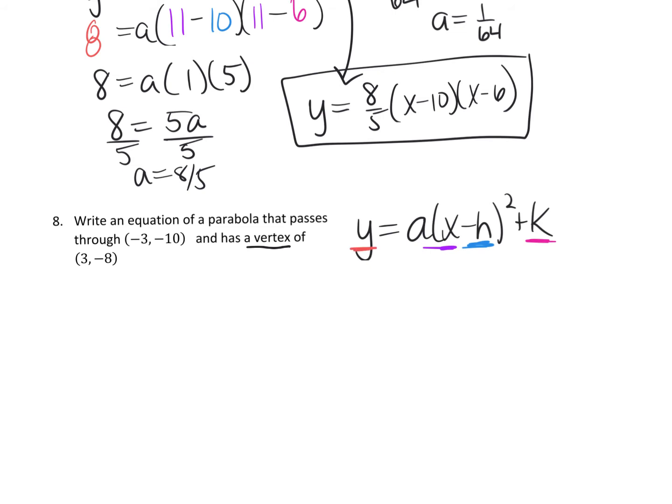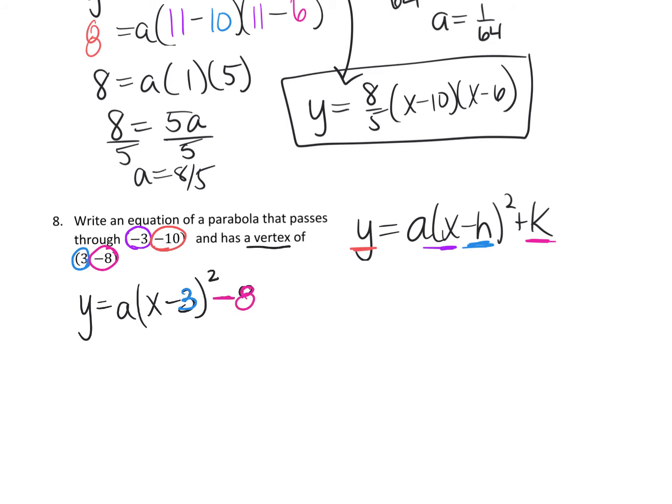My h, k is my vertex, so 3, -8. My x, y is the point, -3, -10. So y equals a times x minus 3 squared minus 8.